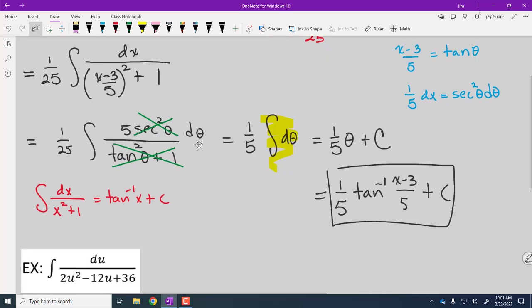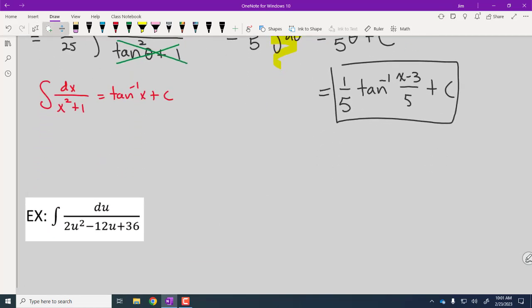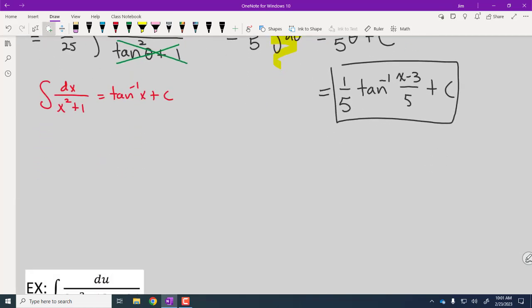Should we do one other variation of this, just to make sure? So for example, let's clean one up a little bit. Let's suppose we have just this: dx over (2x minus 1) squared plus, let's put another number that we haven't used yet today, 7 squared.